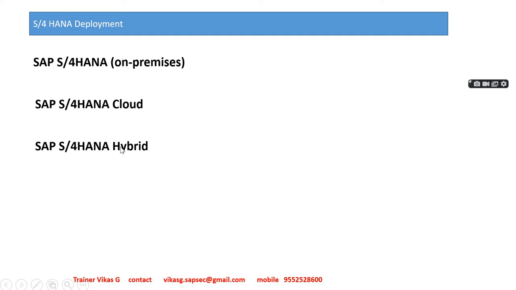For example, you can have some applications on your cloud machine and some on your main on-premise machine. For example, HR or some other sensitive application, if you don't want to use it in the cloud version, then you can use the hybrid way.